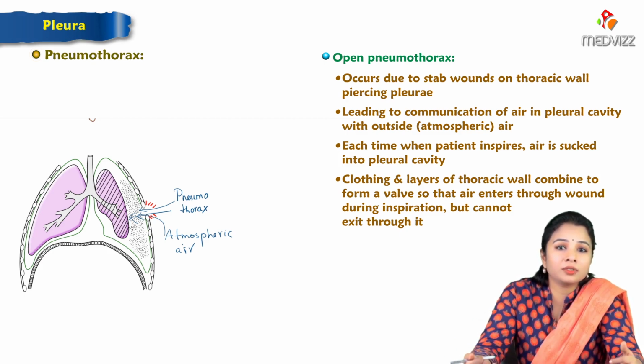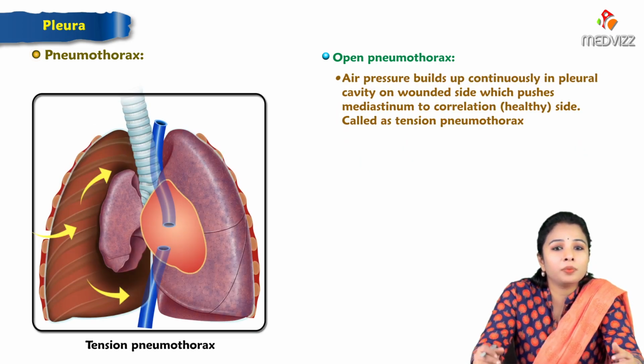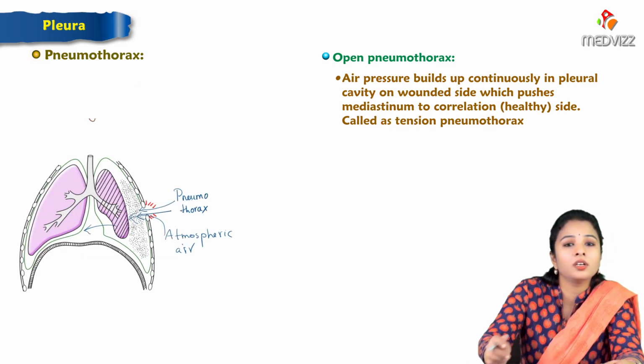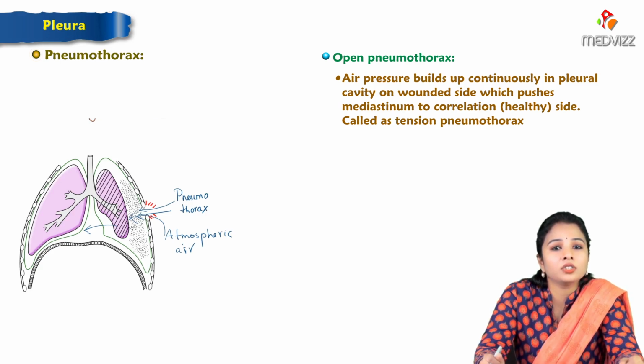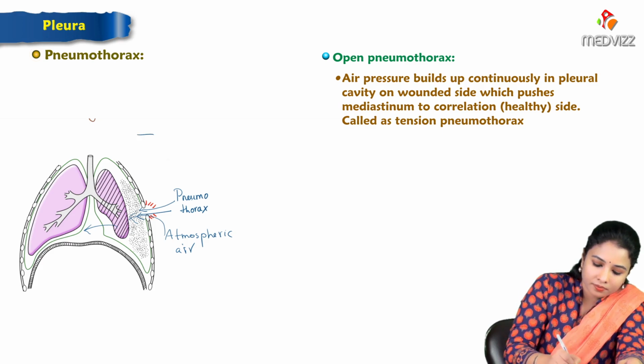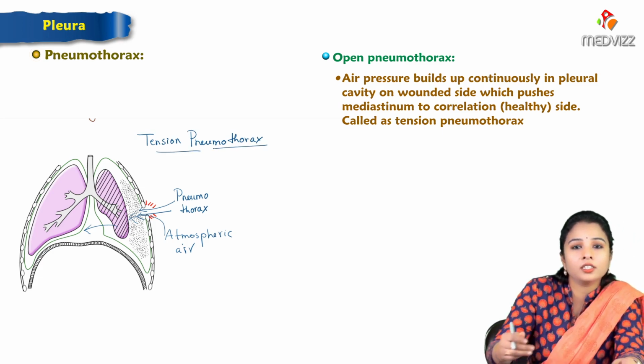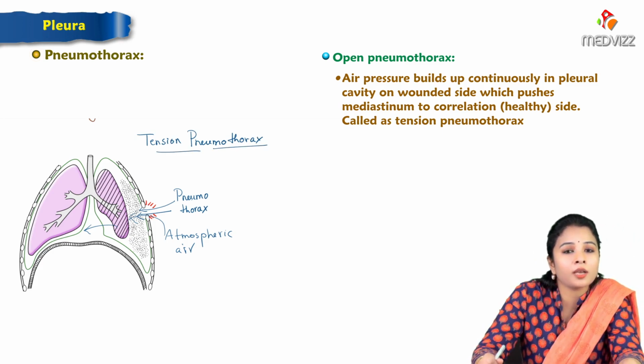In these circumstances, air pressure builds up continuously in the pleural cavity on the wound side, which pushes the mediastinum to the healthy side. This is called tension pneumothorax. I'll just say again, tension pneumothorax is due to stab injuries.